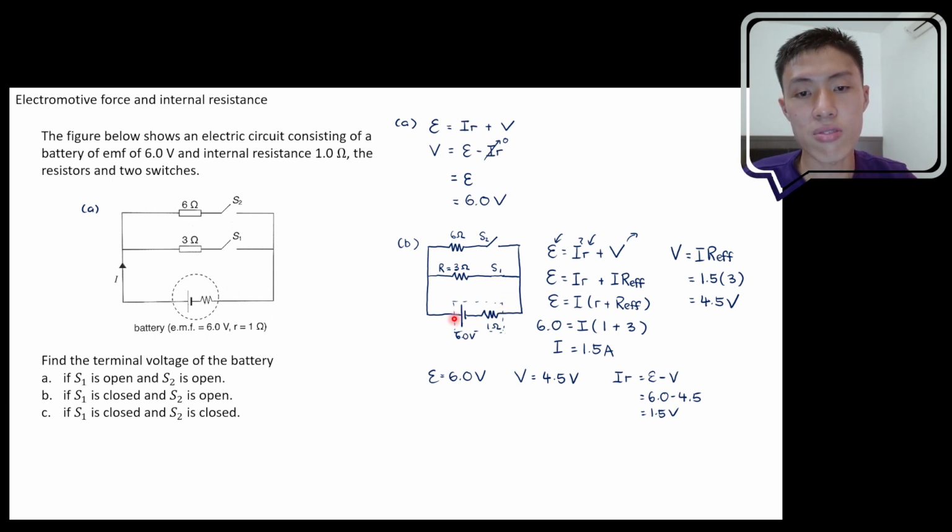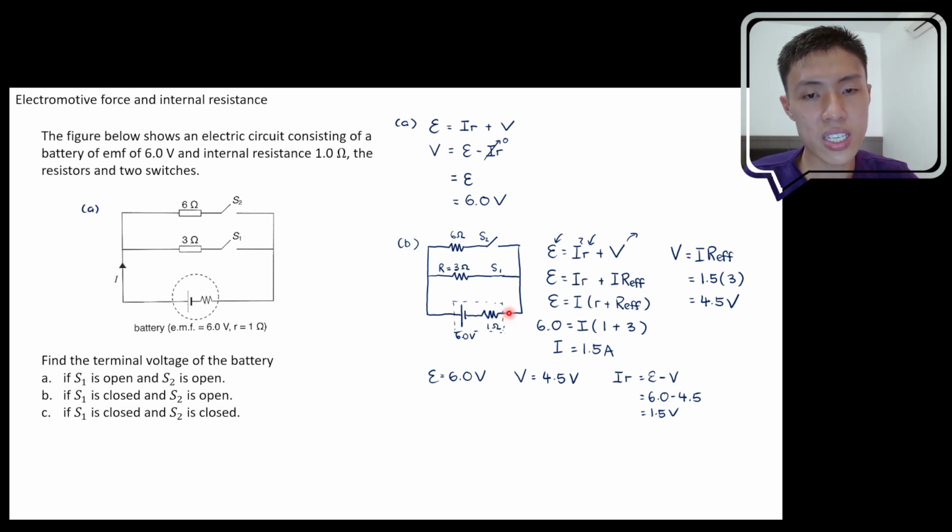So at the end of the journey, when you're exiting the battery, you are not having 6 joule of energy in the 1 coulomb charge. You already lost 1.5 just to get through the battery. So you only have 4.5 joule available for the charge to give to the outside circuit before coming back at the negative terminal.